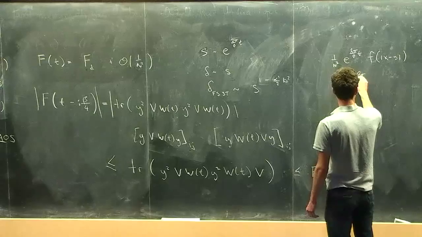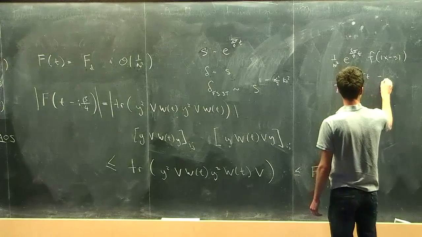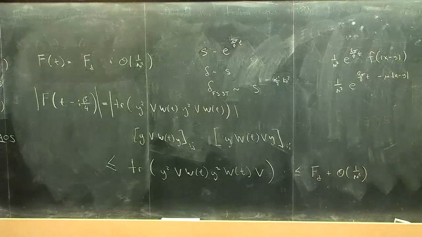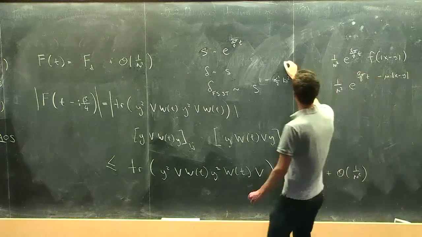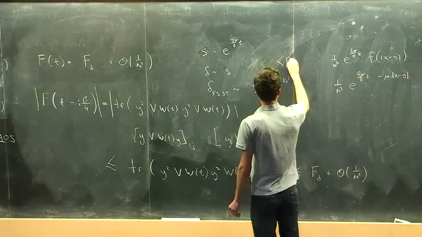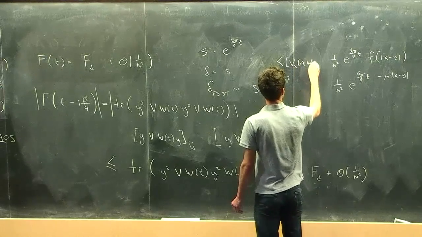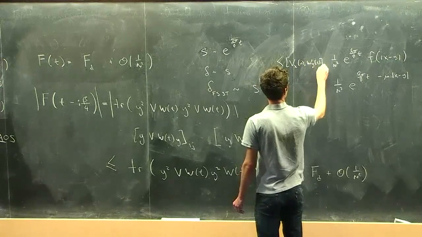So we have e to the 2 pi over beta t minus mu times x minus y. So this is roughly the thermal expectation value of the commutator of v at x and 0 with w at y and t.